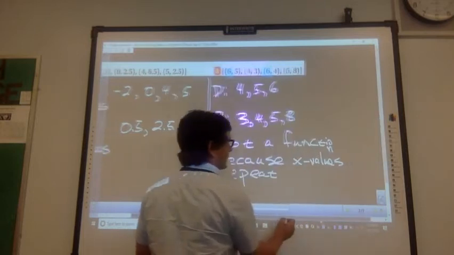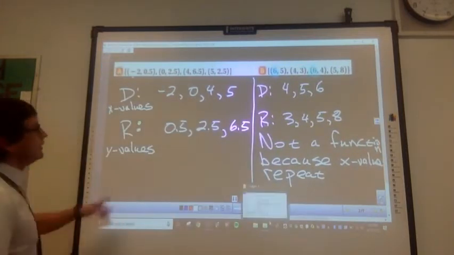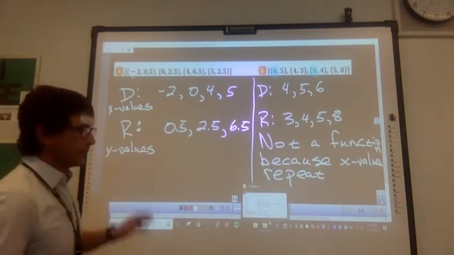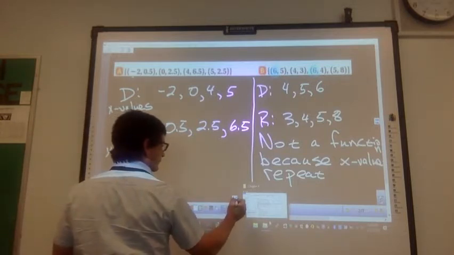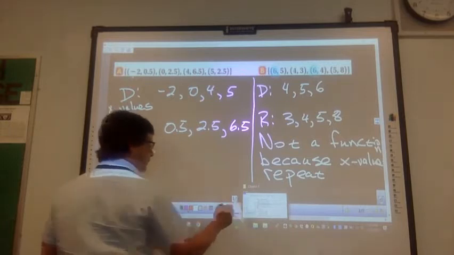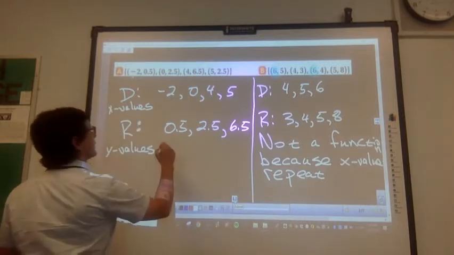Okay, so not a function because those x values repeat. Over here, to do a mapping diagram. When you do a mapping diagram, let's just do it.